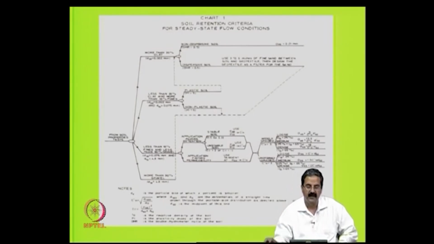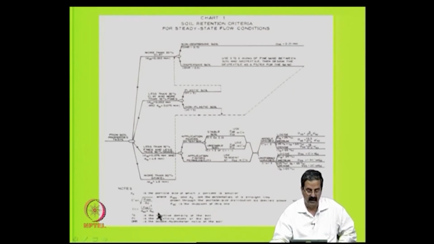So, in the steady state condition, where there is a single flow, this chart from the soil suspension criteria gives the apparent opening size. You can see here O95 should be less than 0.21.